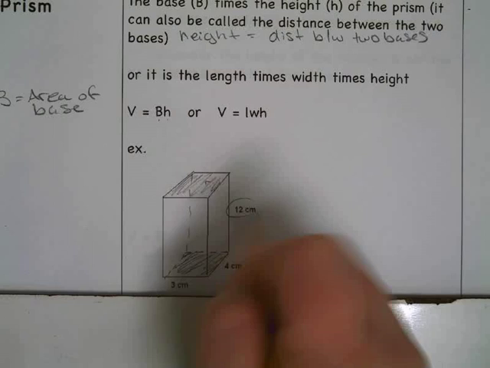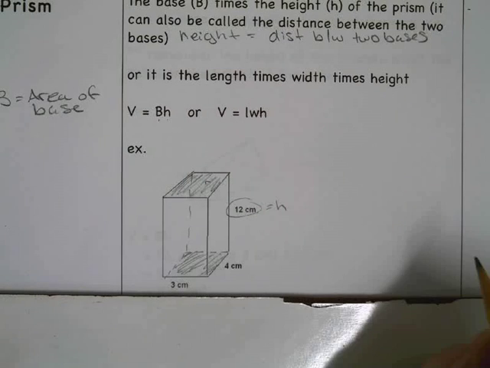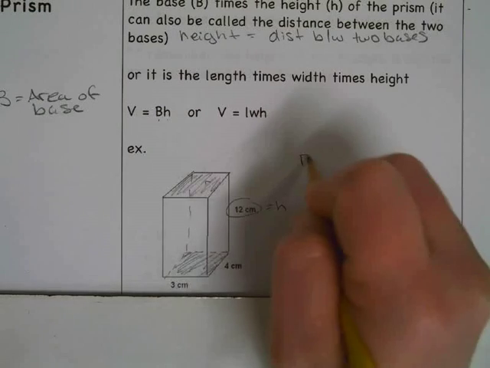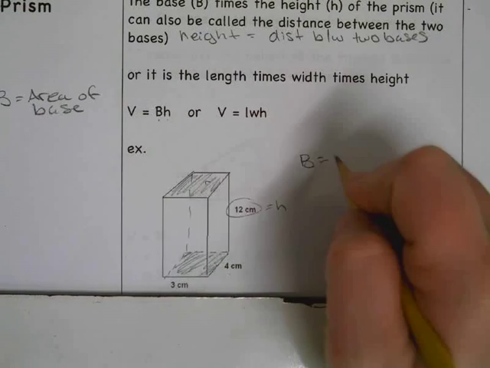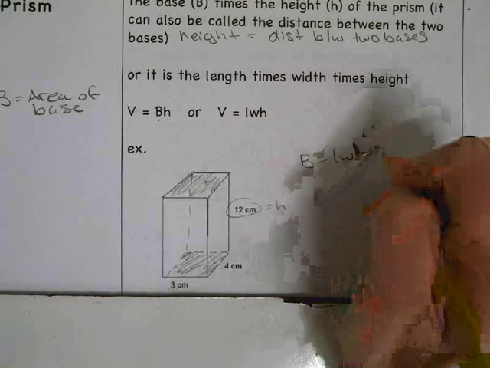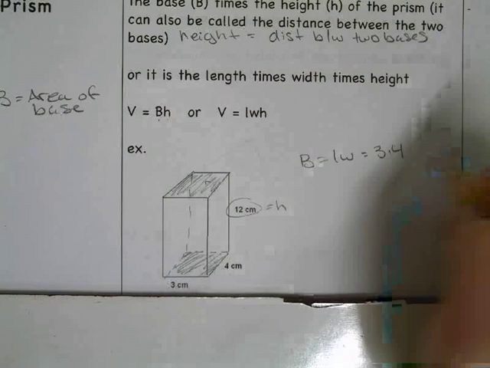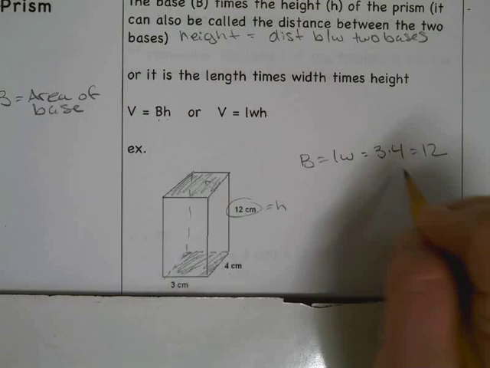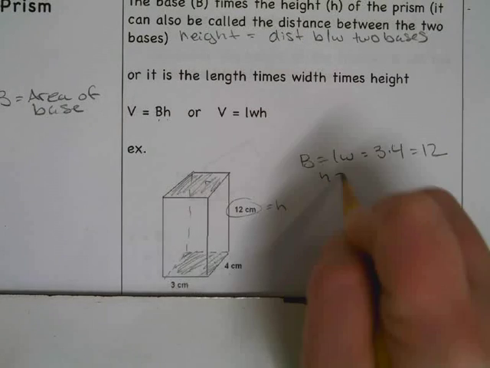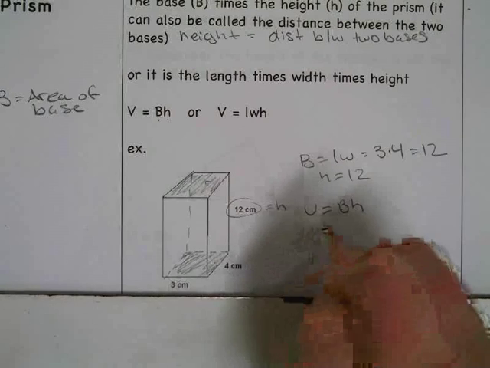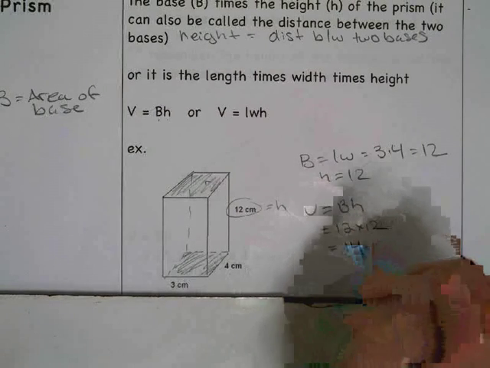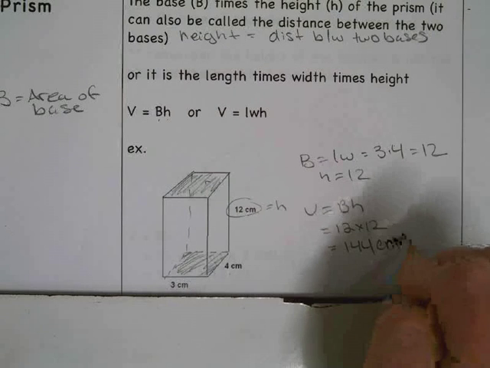The height is the distance between the two bases. So if I'm going to find big B, it's length times width, which is 3 times 4. So big B is 12, and as we said before, H is 12. So volume equals base times height equals 12 times 12 equals 144 cubic centimeters.